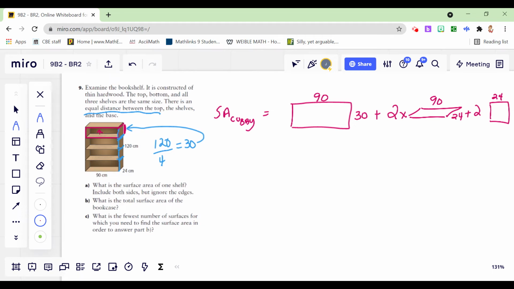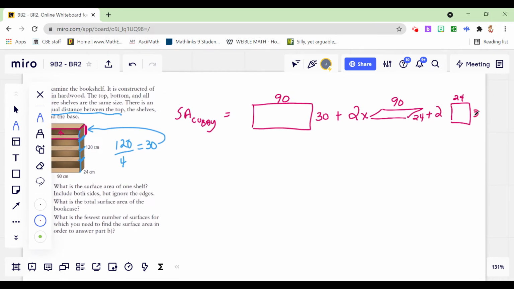I'm running out of space. I'll scooch over a little bit. 30. Okay. And there's going to be 2 of those. So I can go ahead and multiply that. So this one's going to be 2,700. This is going to be 2,160. And this one here is 720.